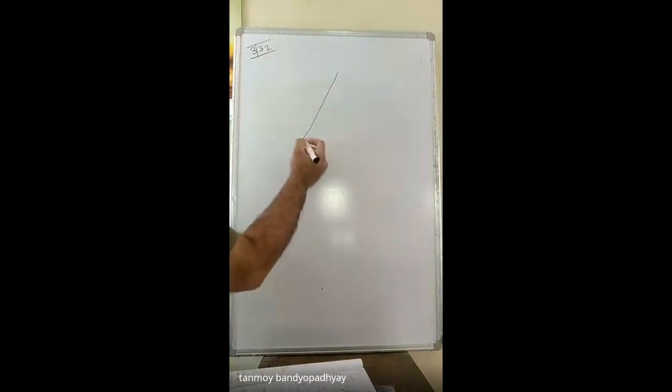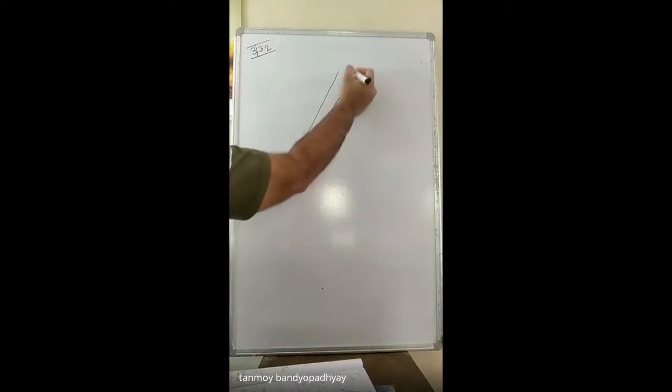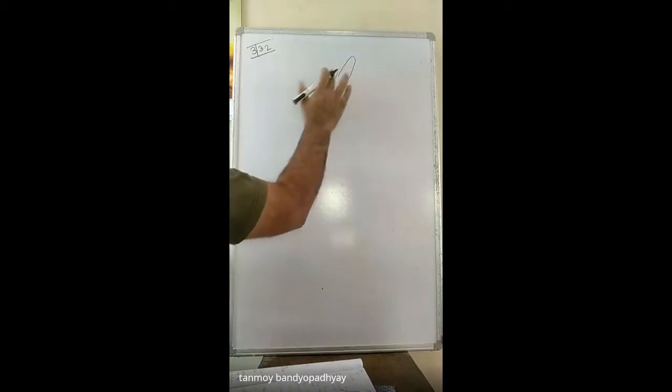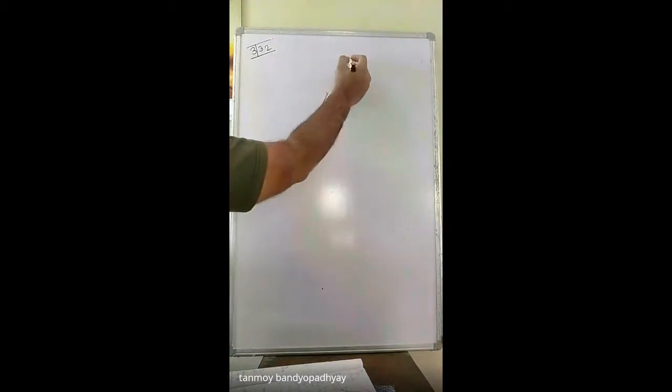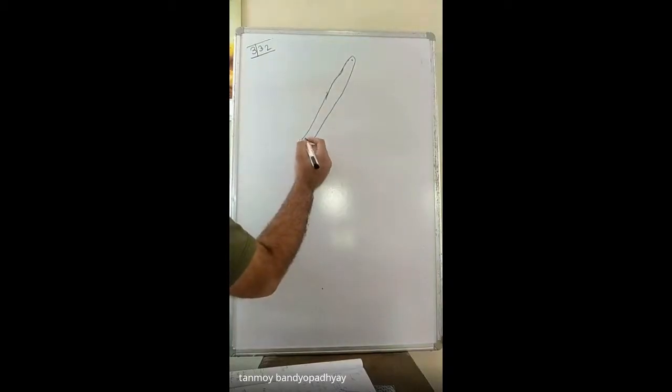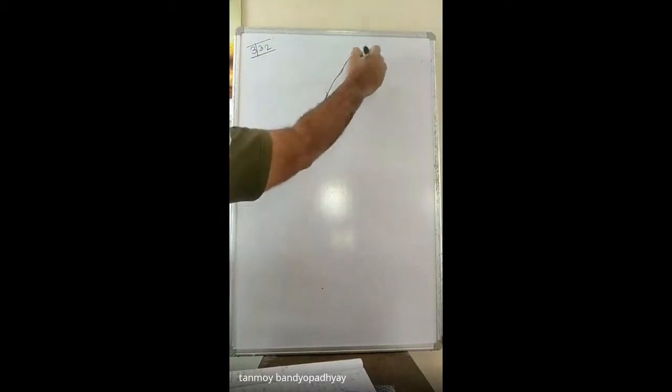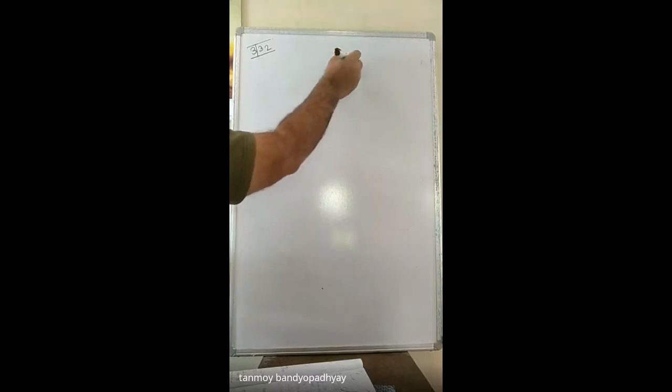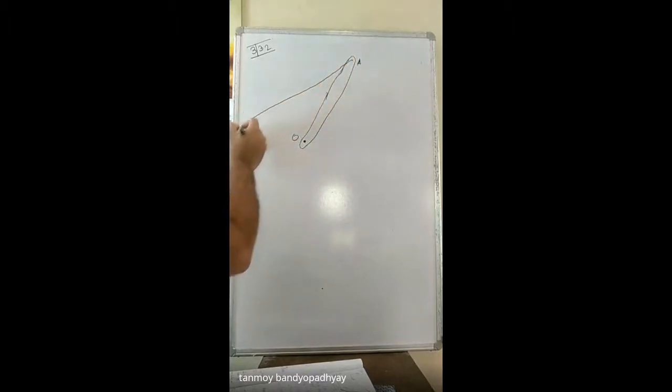So we'll be doing problem number 332. If you go to problem number 332, you can see that there is a bar. There are 2 points, O and A, and it's kept in this position by using a string.